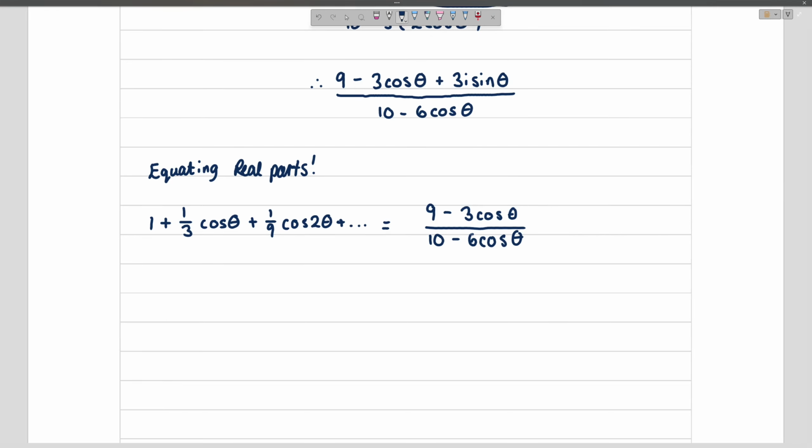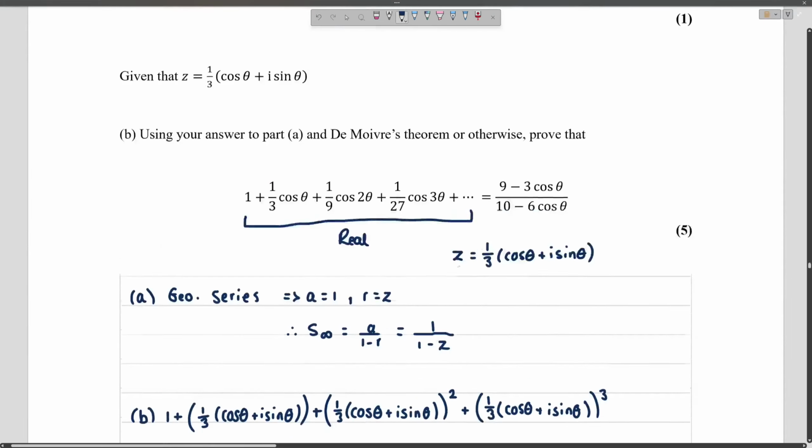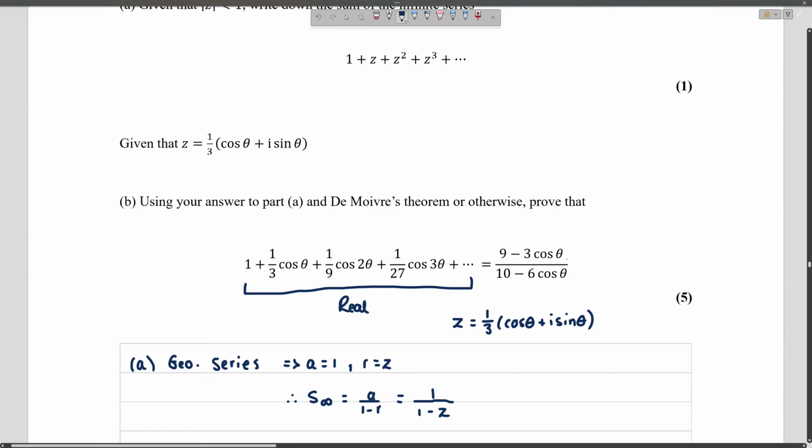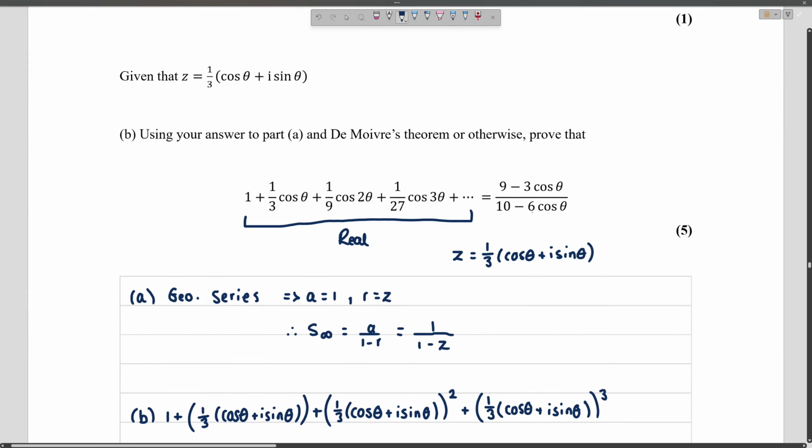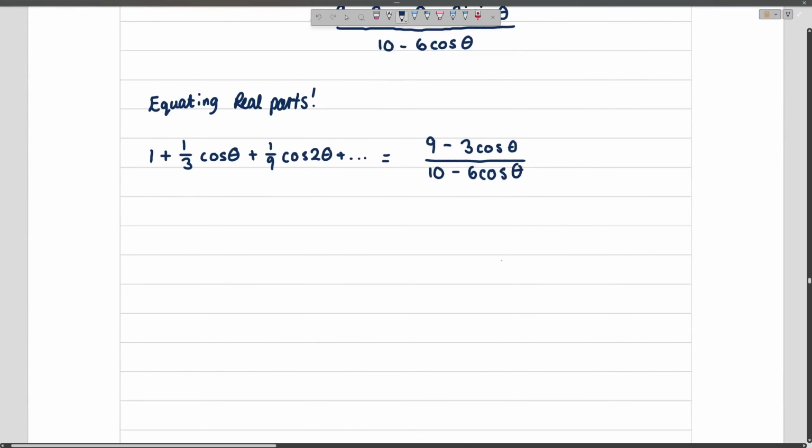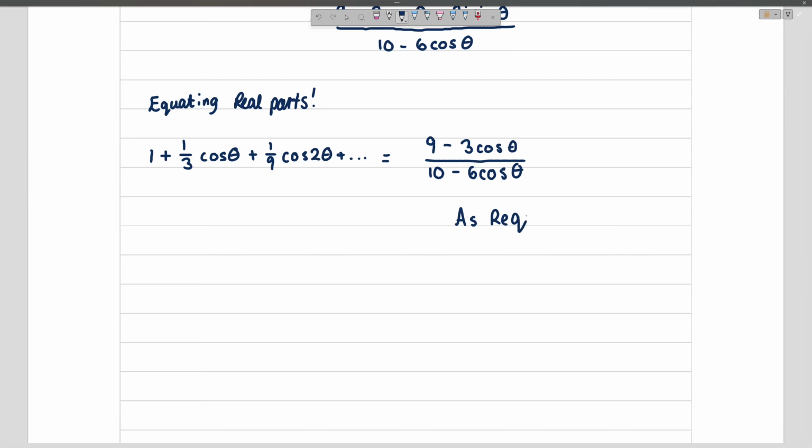And just notice, this is exactly what we wanted to obtain in part B: 9 minus 3 cos theta over 10 minus 6 cos theta. Exactly as we required, and question complete.